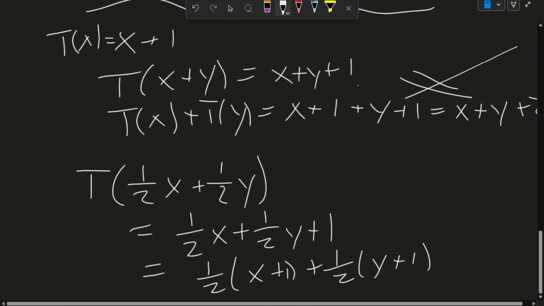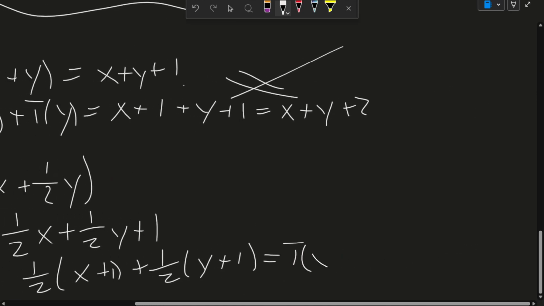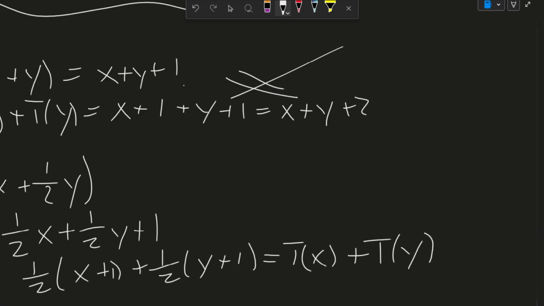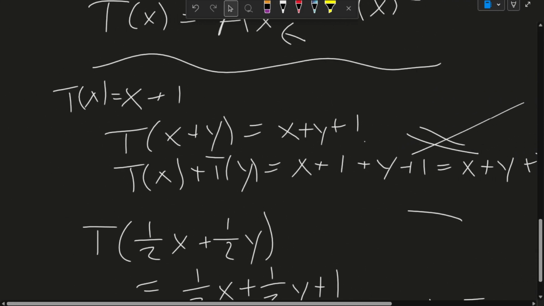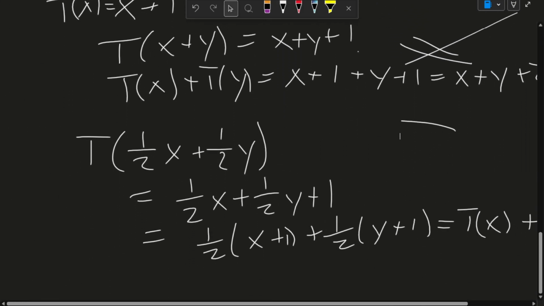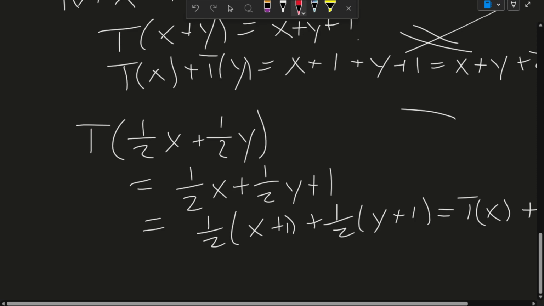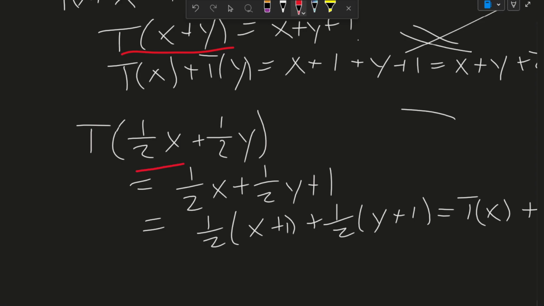And this equals t of x plus t of y, right? So despite this, and this isn't a proof, this here was a linear combination that wasn't affine, and it didn't distribute. But this was an affine combination, and it did distribute, right? So I haven't proved to you that it's affine, but I will make the claim that it's affine, right?